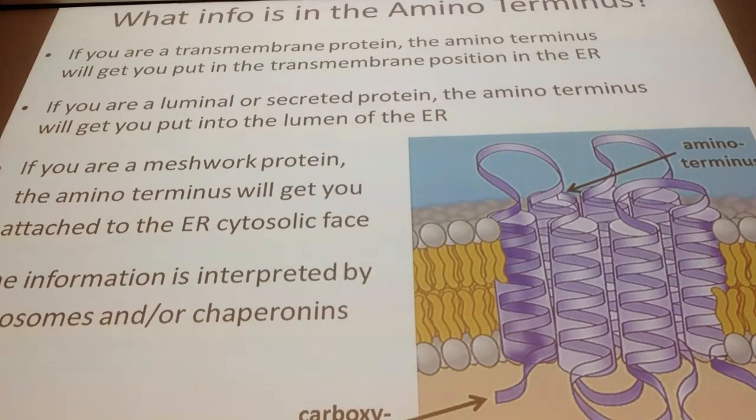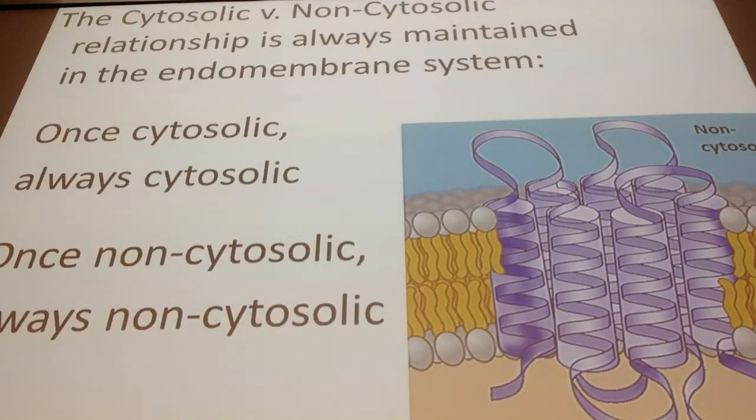Okay? So we say that once cytosolic, always cytosolic. Once non-cytosolic, always non-cytosolic. Right? Proteins don't switch side. So therefore, if the carbohydrate residues are added to the protein in the non-cytosolic side, then you will always have carbohydrate residues interacting with the non-cytosolic environment and never the cytosolic environment.